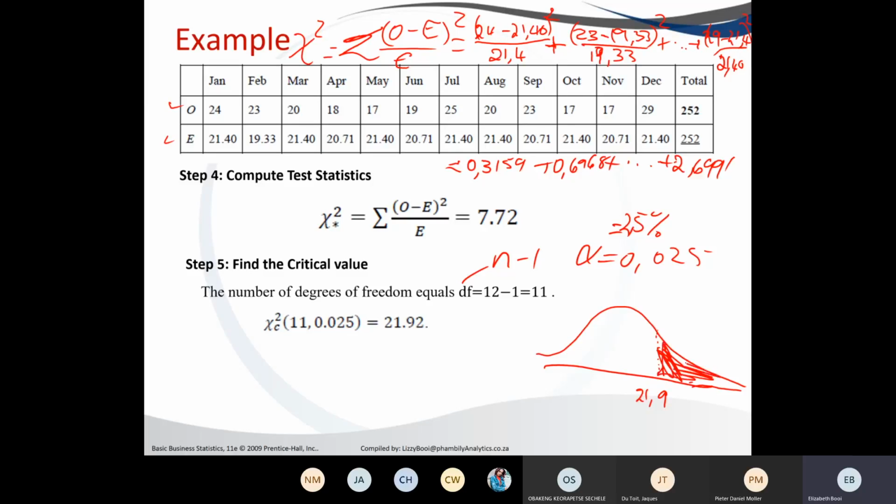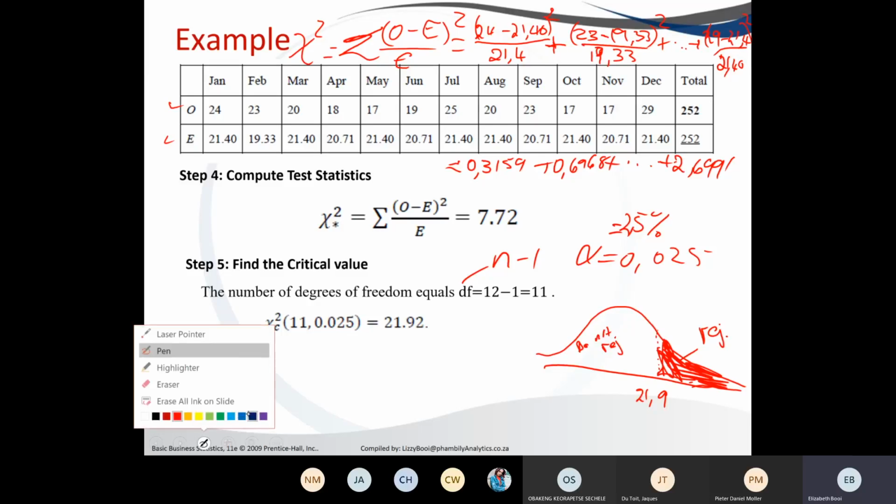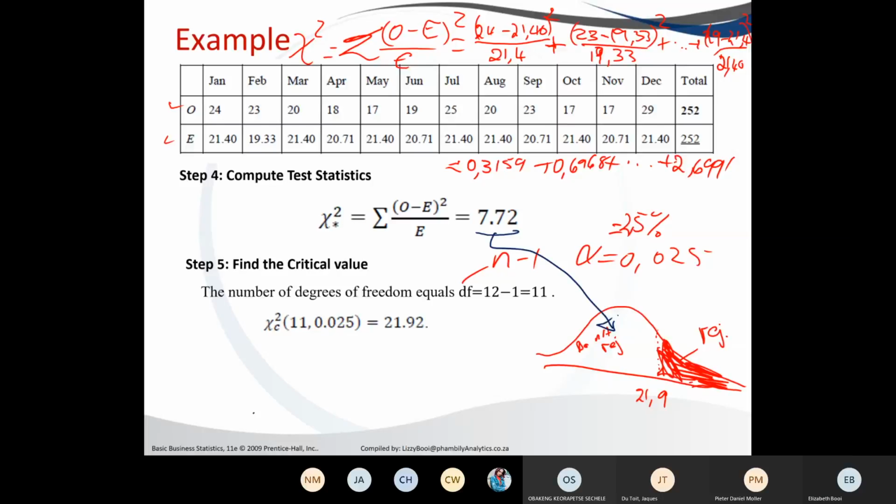Anything that falls in the shaded area, we're going to reject. Anything that falls in that white area, we do not reject. And where does our test statistic fall? It falls in the do not reject area because it's less than 21.9.